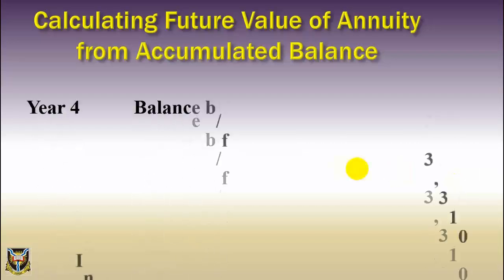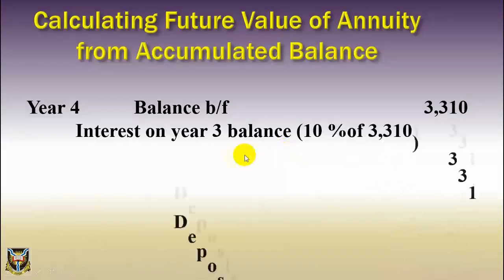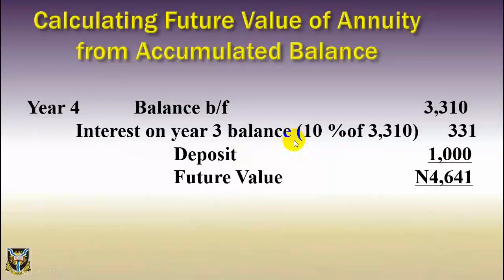Balance brought forward 3,310. Interest on year 3 balance, 10% of 3,310, 331. Deposit 1,000. Future value 4,641 naira.